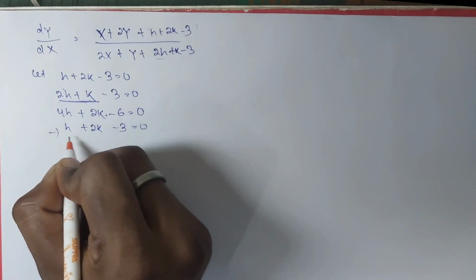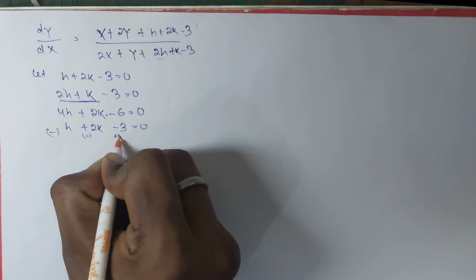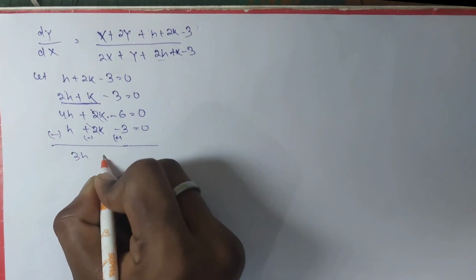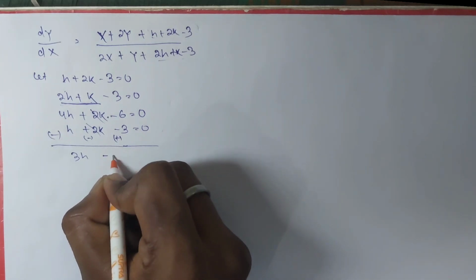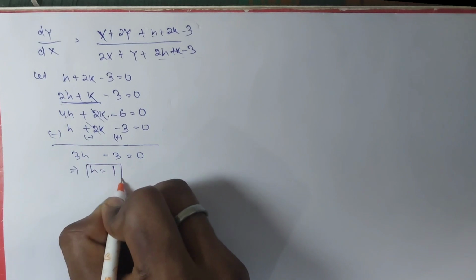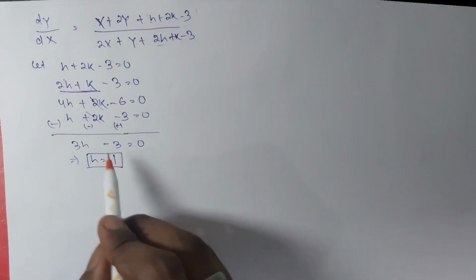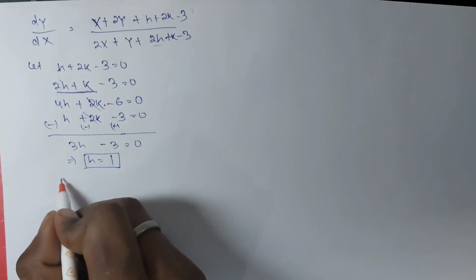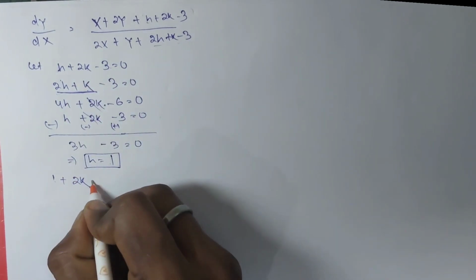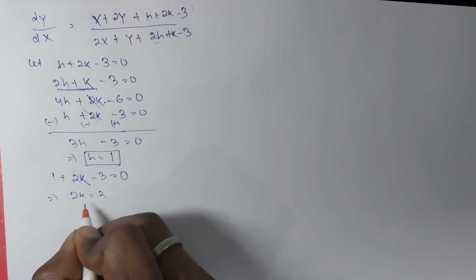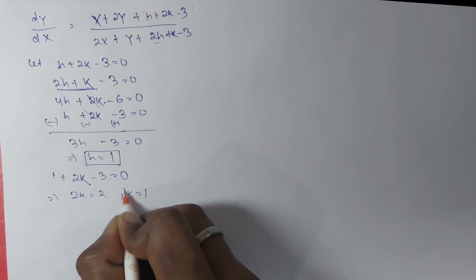then it becomes 3h minus 3 equals 0, then h equals 1. If we put the value of h here, then 1 plus 2k minus 3 equals 0, then 2k equals 2, and then k equals 1.